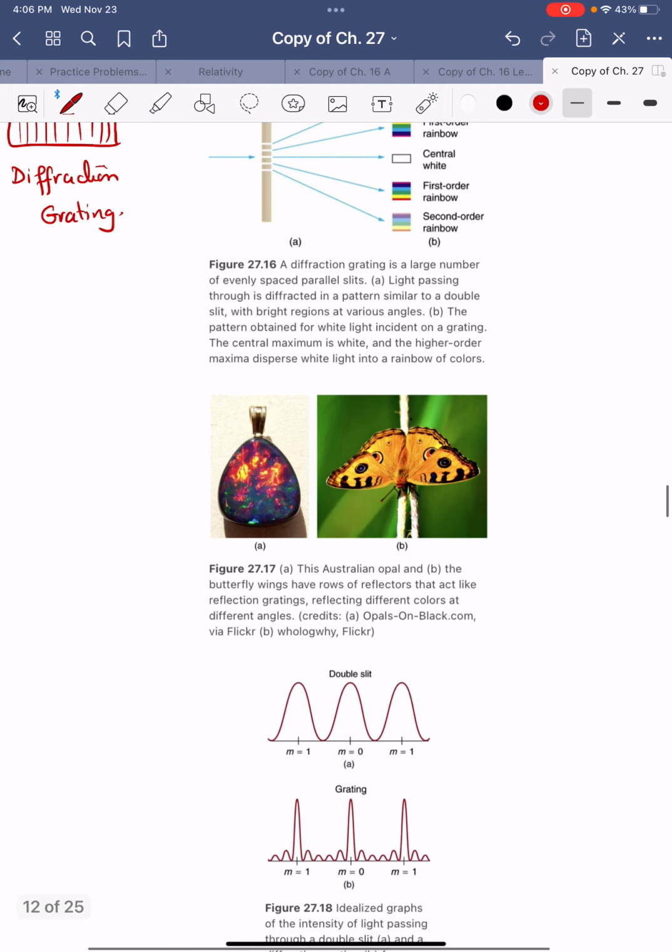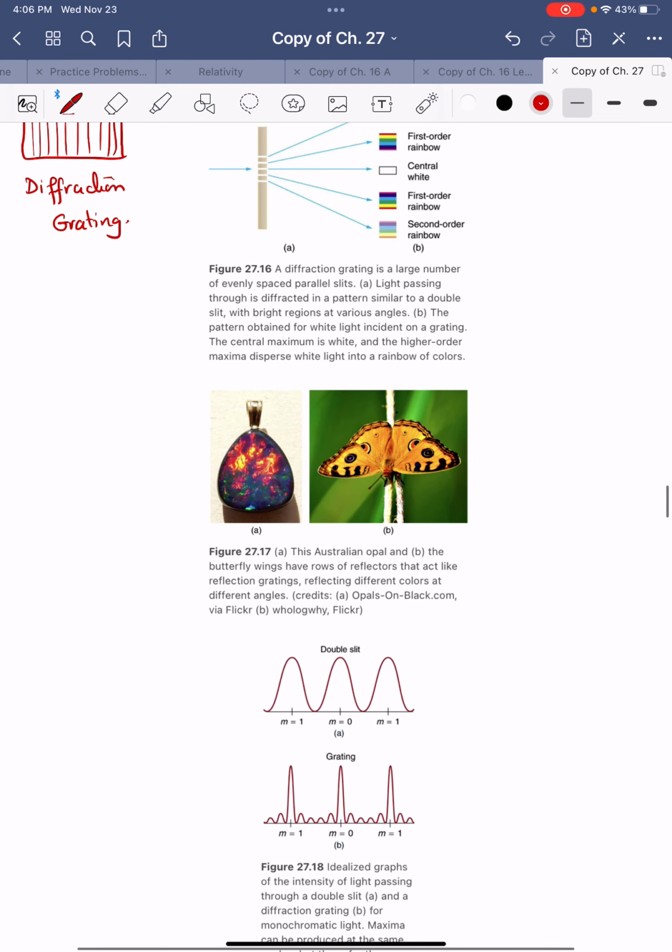Now, showing you here, these are really the reflectors that we have on the butterfly wings, and they cause these colors.